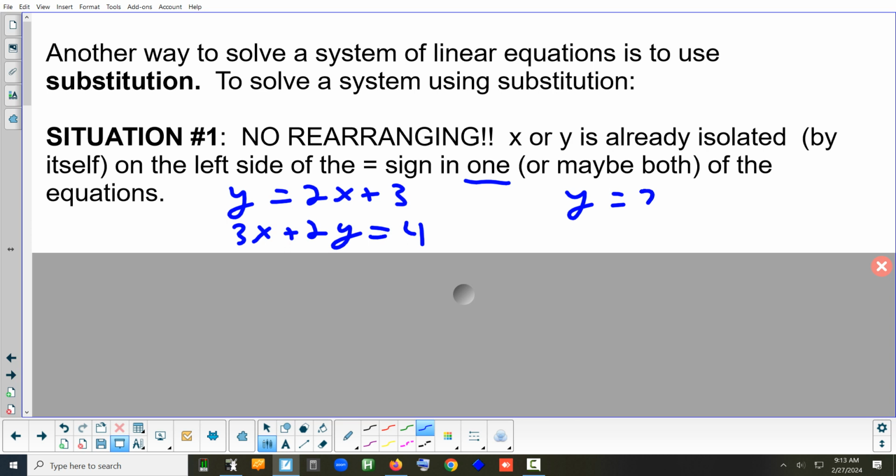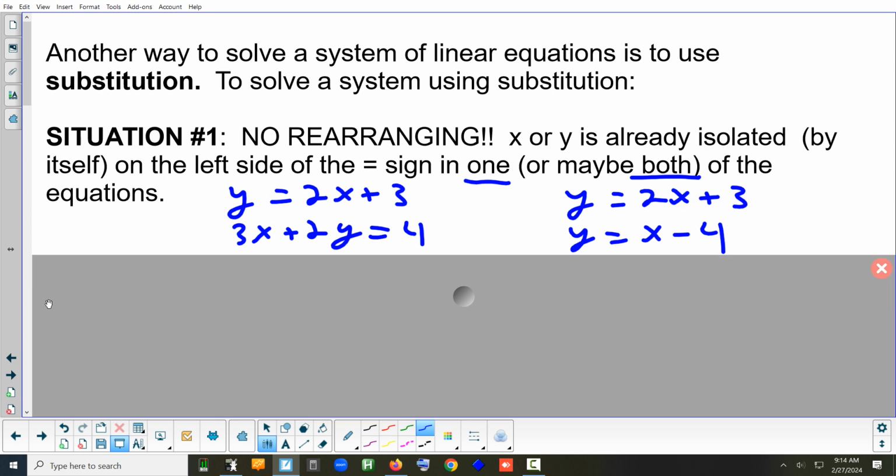Or if I gave you something like this, which equation there has a letter by itself? Top or bottom? Both. Okay. So in this case, both equations have a letter by themselves. But you need to have an equation with at least one of them having a letter by itself.